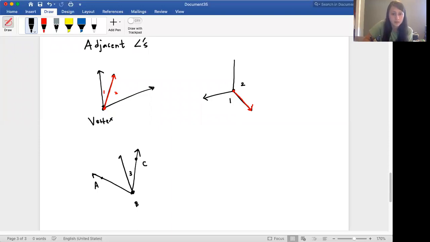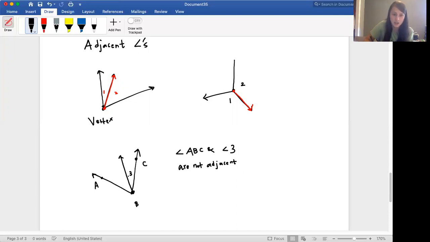This is angle 3, let's say. So an example would be that angle ABC and angle 3 are not adjacent. Because if you think about it, angle 3 is engulfed within ABC.